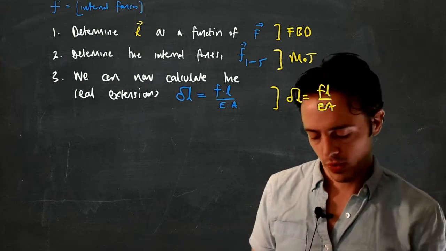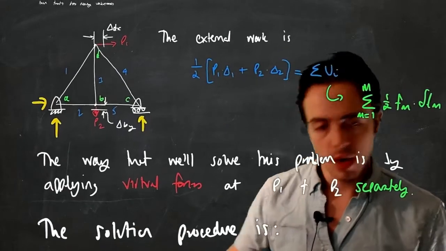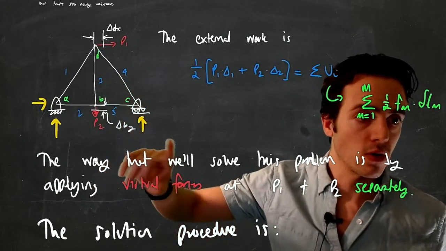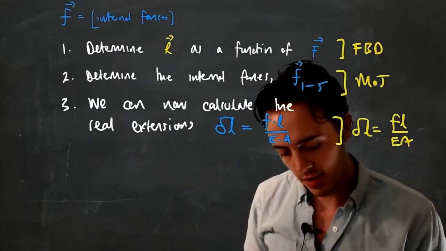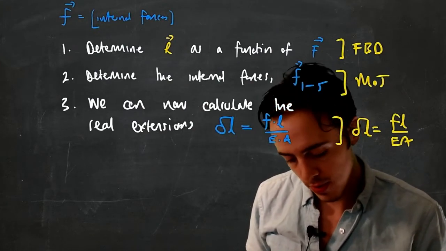We haven't got any virtual forces. What we're now going to do is say, okay, we want to determine the displacements P1 and P2. So we would apply in isolation a virtual force at either P1 or P2.